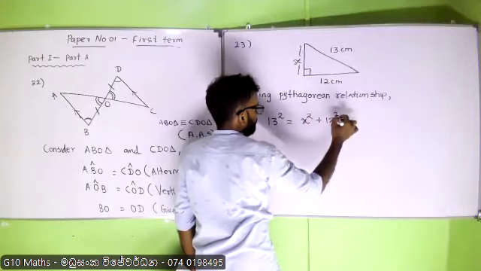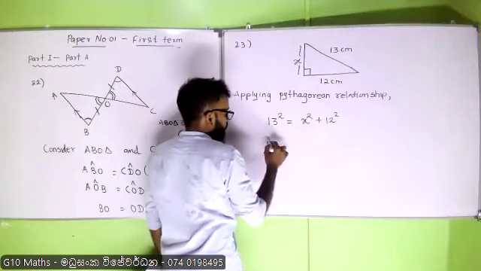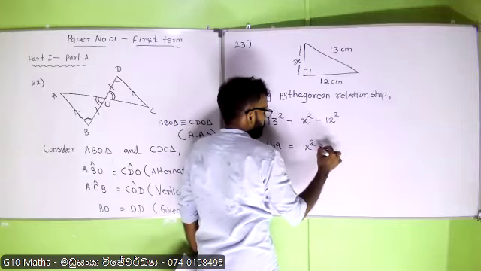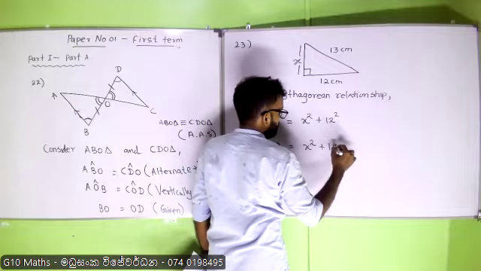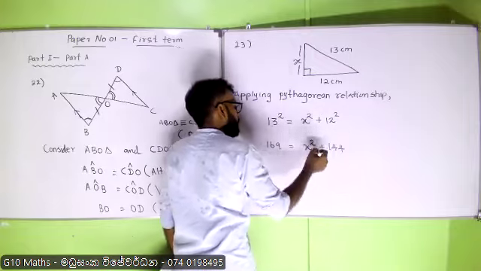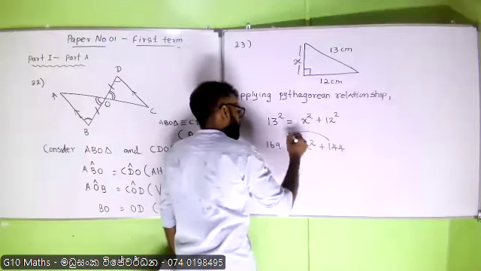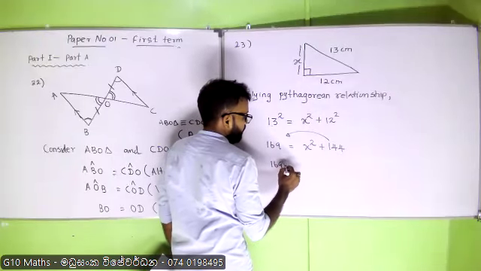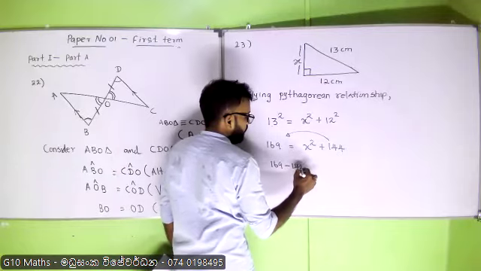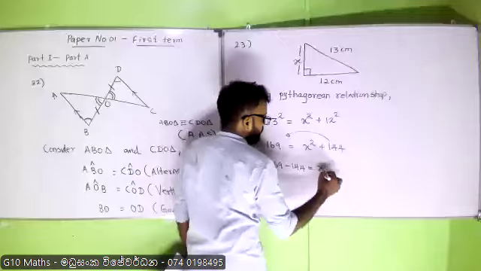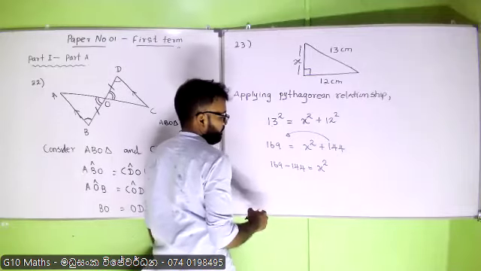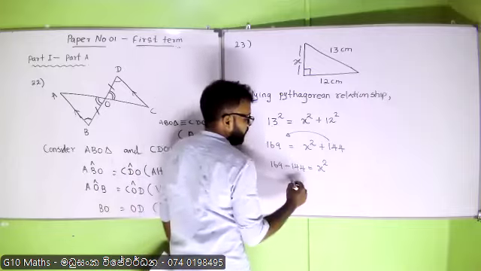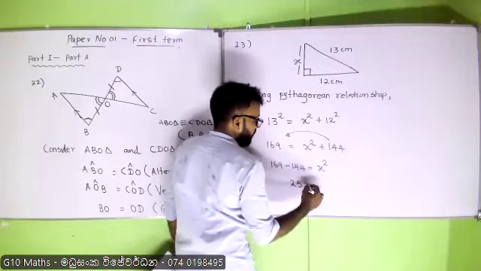What is 13 to the power 2? 169 equals x to the power 2 plus 144. Take 144 to this side. So 169 minus 144 equals x to the power 2. So 169 minus 144 is 25.